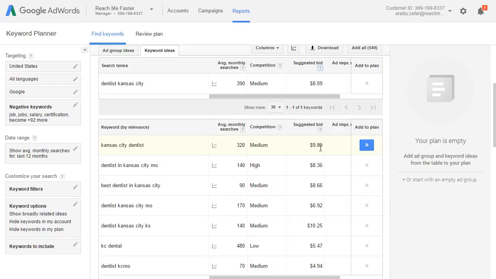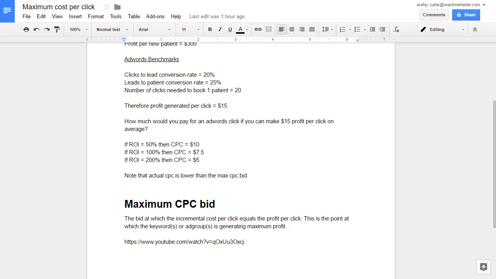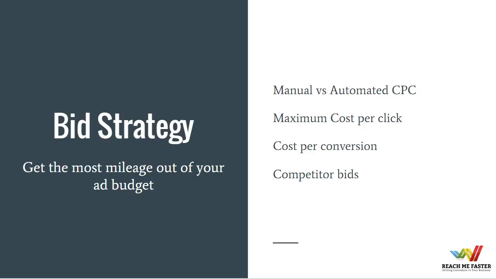That is definitely more beneficial than trying to compete for the first spot and bid higher than $14 or $15 per click. So that is another way to assign bids to your AdWords campaign: using competitor data and Google Keyword Planner data, coming up with a percentage, 70 or 80%, that you're comfortable with, and using that as your ad group or keyword bid.